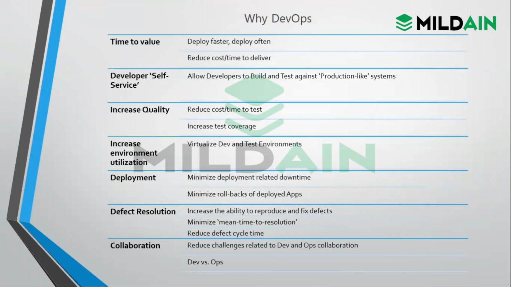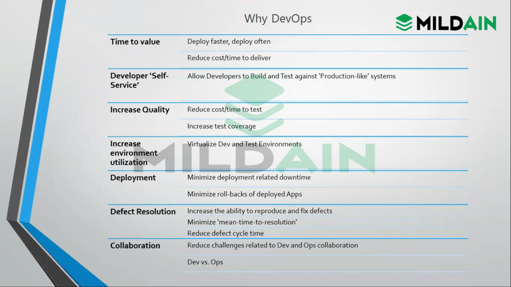Now why DevOps? Because in a changing environment, people are using Facebook, Twitter, and WhatsApp, and there is massive use of them. These are social media. Now everyone needs quick updates, and whenever there is a quick update, they want no downtime.